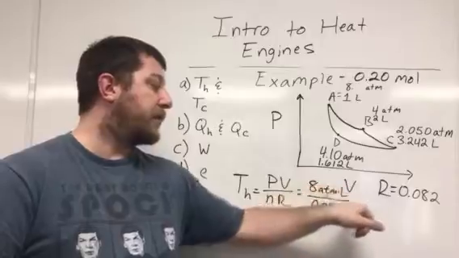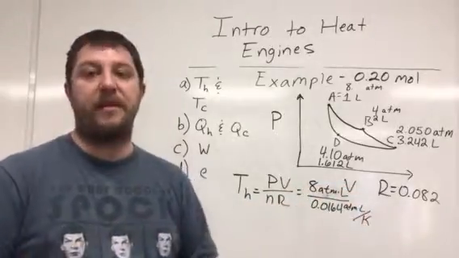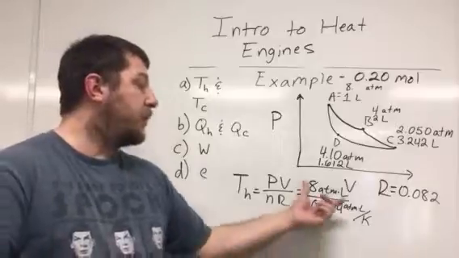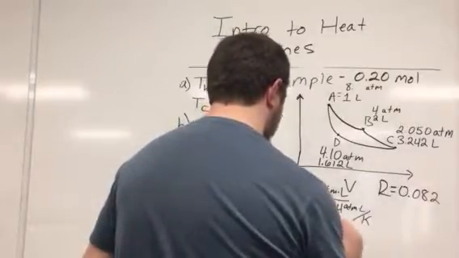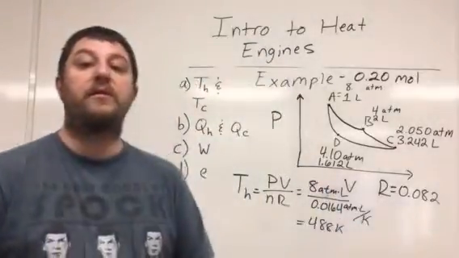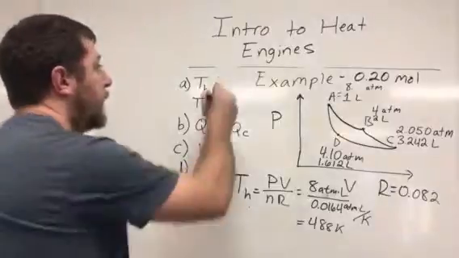So that way my atmospheres and my liters cancel out, and I'm just left with 1 over 1 over Kelvin, which is the same thing as Kelvin. And if you do that calculation, that's very close to 488 K. All right, so this is 488 K.